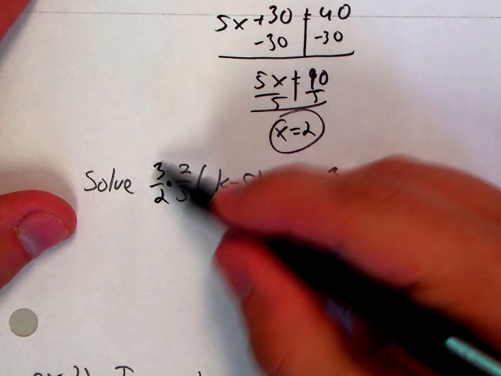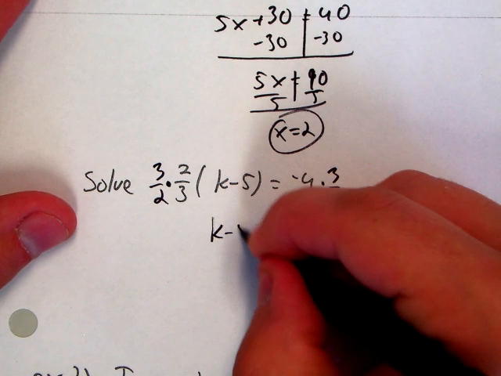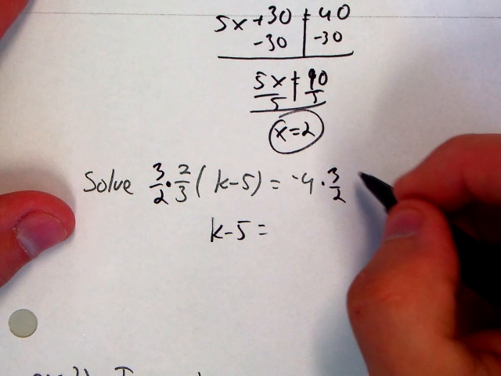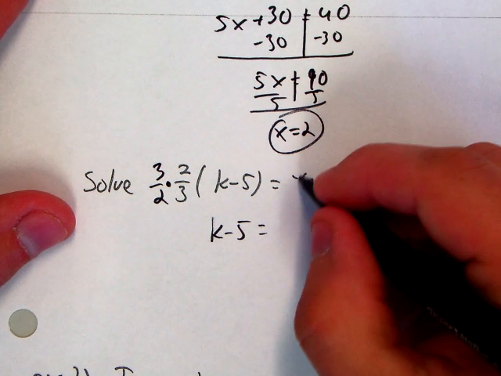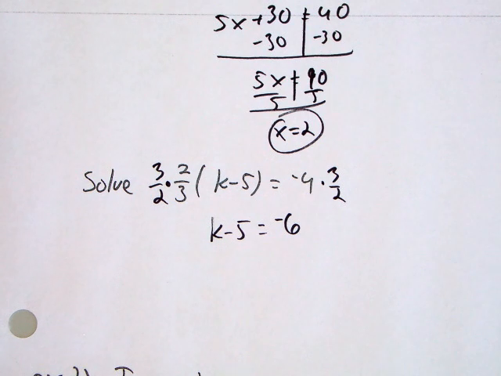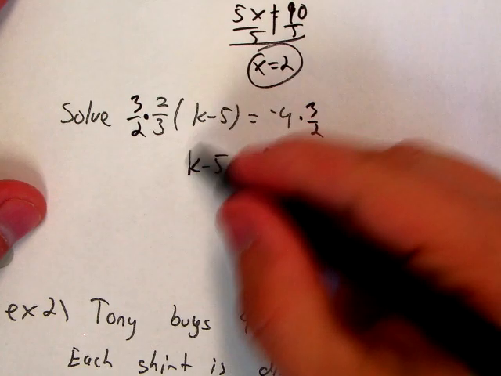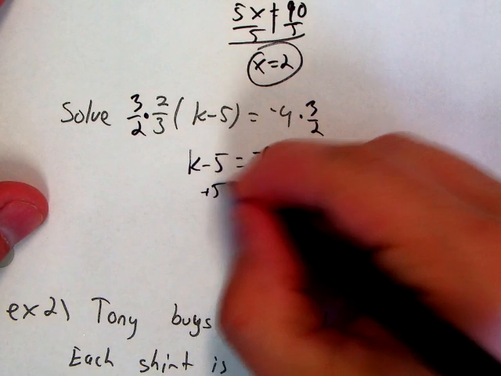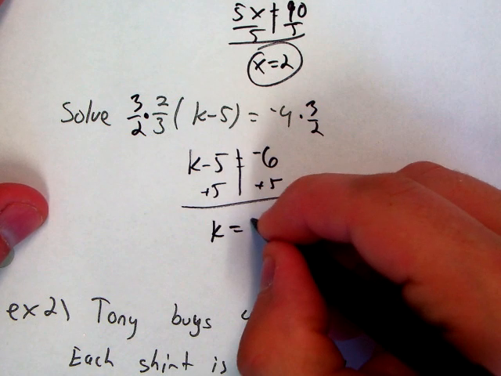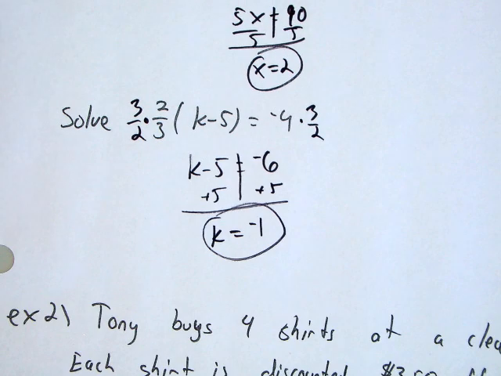This over here becomes 1, so I'm left with k minus 5. And then negative 4 times 3 over 2 is going to get you negative 6. And now I have a one-step equation where I add 5 to both sides, and I'm left with k equals negative 1.